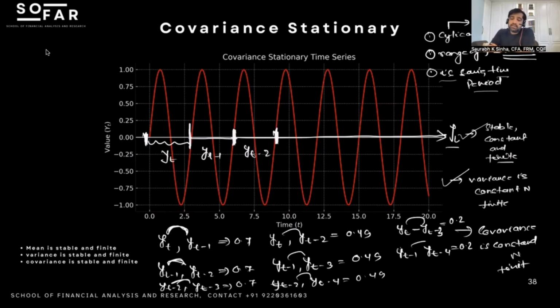What is the lag here? 3. So the correlation for lag 3 would be constant. And that is the meaning of covariance stationarity: when your mean is stable, variance is stable, and covariance is stable. That is the specific meaning of covariance being stable and finite. Clear? Perfect.